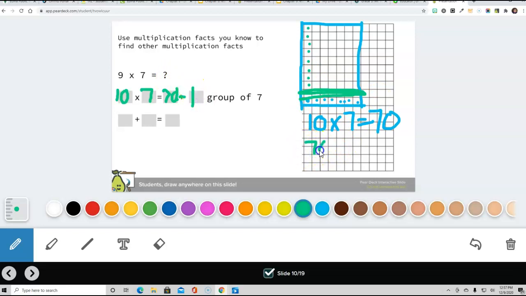So 70 minus 7. So 70, 69, 68, 67, 66, 65, 64, 63 equals 63. So we get 70 minus 7 equals 63.